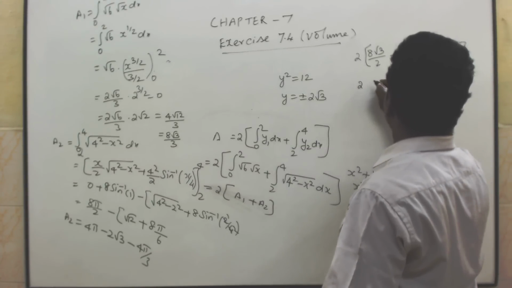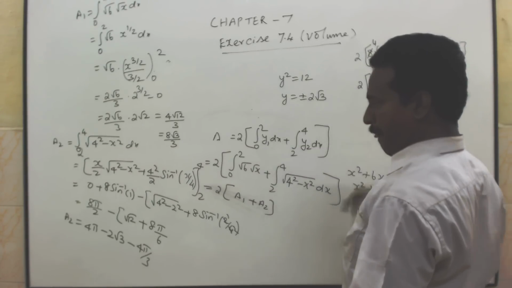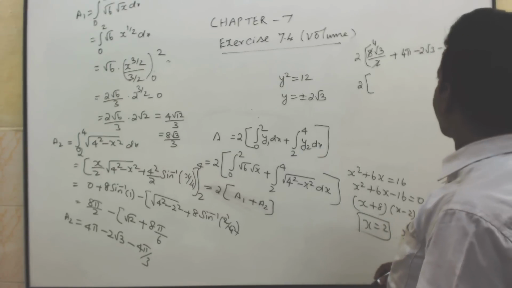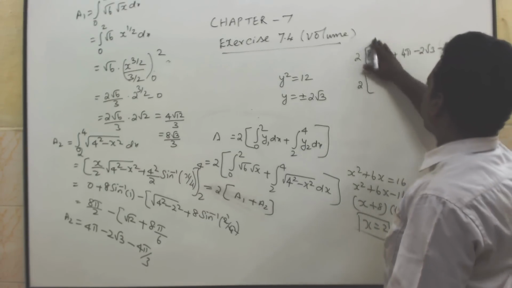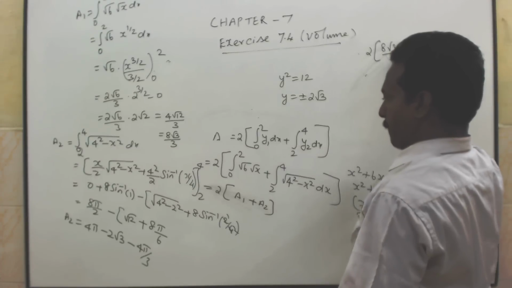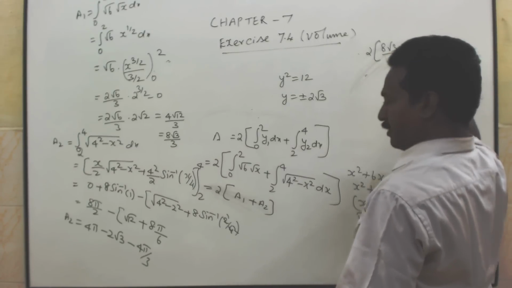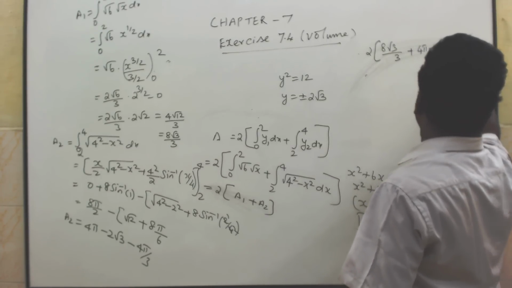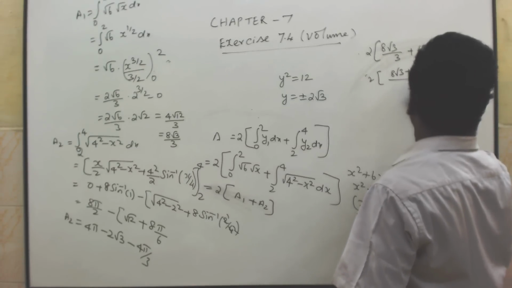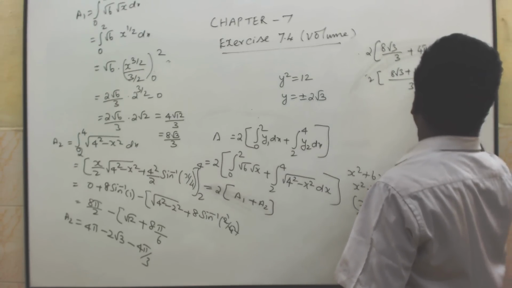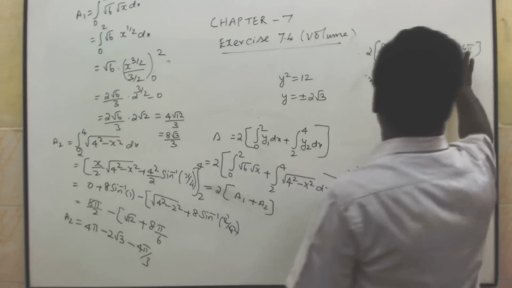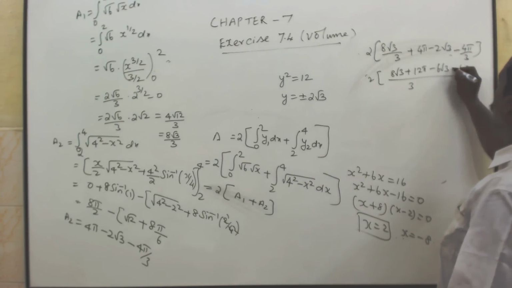Taking LCM as 3: 2 into 8 root 3 plus 12 pi minus 6 root 3 minus 4 pi.